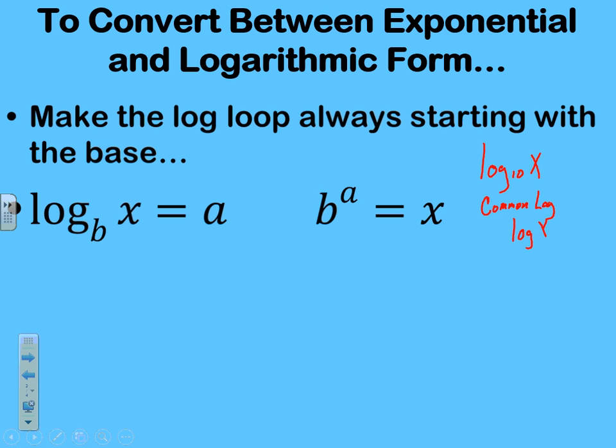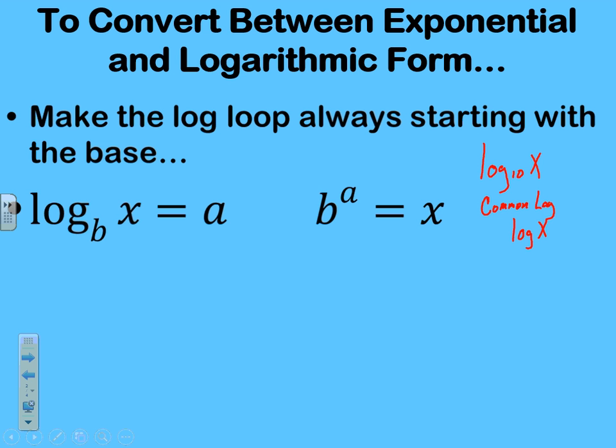We just say log of x. So anytime you see a logarithm that doesn't look like it has a base, it's implied that it is a base of 10 because that's what the common log is. And if you look at the calculator that you happen to be using, there are two logarithm buttons, and one of them just says log. So all of our calculators are programmed to do logarithms in the common log by themselves.